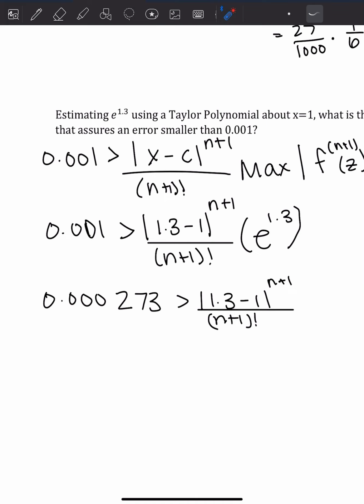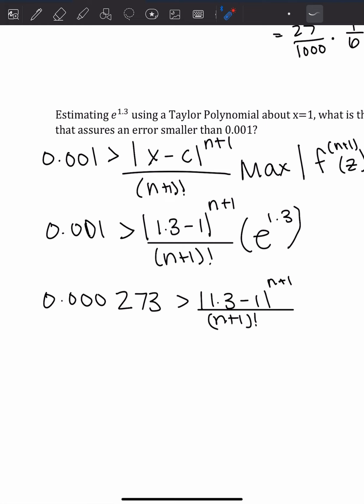If I do that to the second power, meaning that I'm cubing that, 0.3 cubed is going to be 0.0027, I believe.